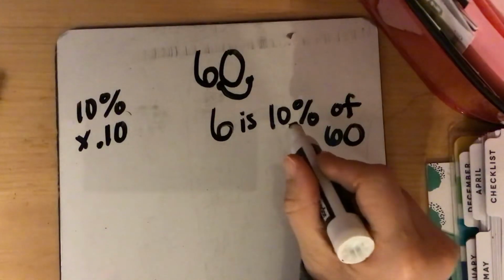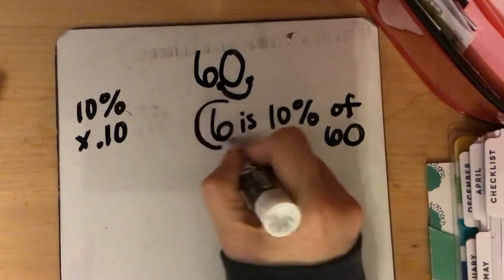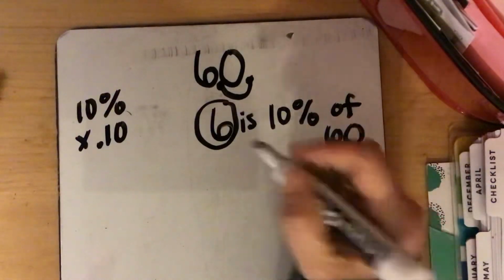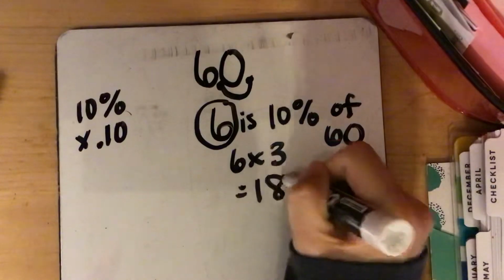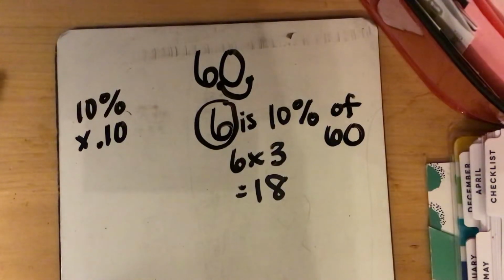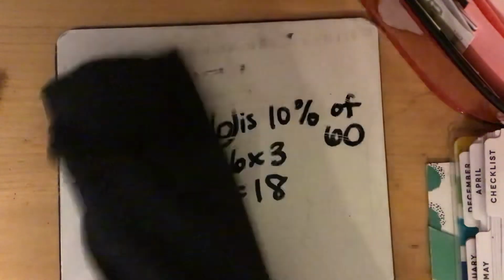So 30% would be 3 6s, and 6 times 3 is 18. So you could figure that one out kind of mentally if you wanted to. So let's say that we went to dinner and our bill was $60.